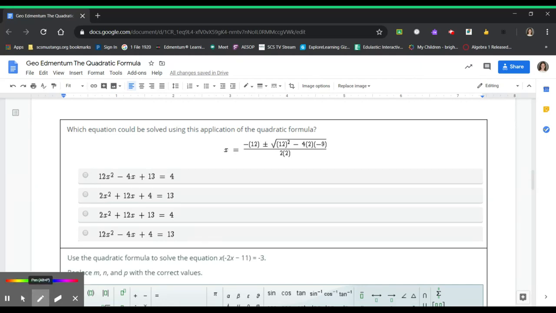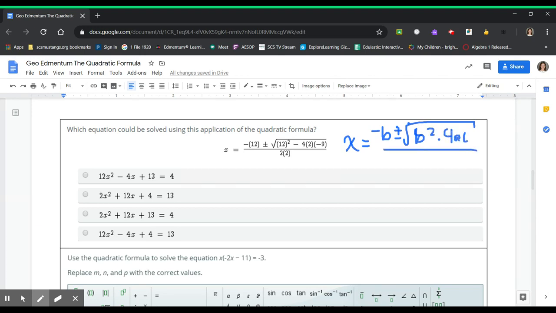I'm still going to go ahead and try to figure out my a, b, and c to start with and see if that's helpful. So just in case you need it, the quadratic formula is x is equal to the opposite of b plus or minus the square root of b squared minus 4ac all over 2a.